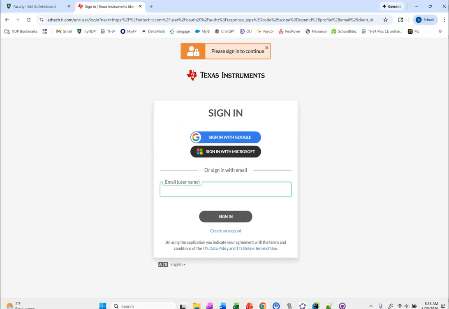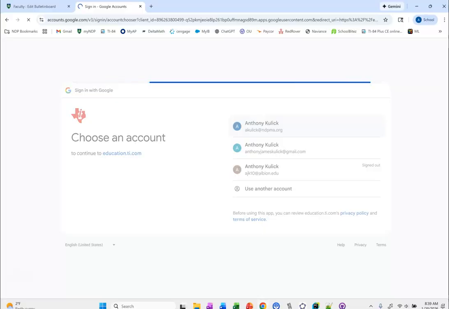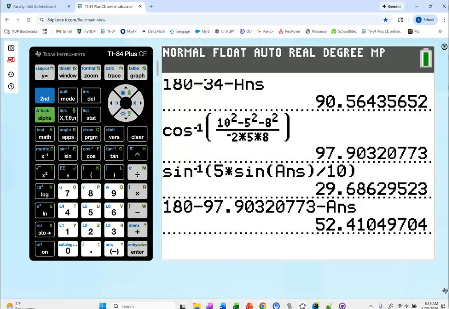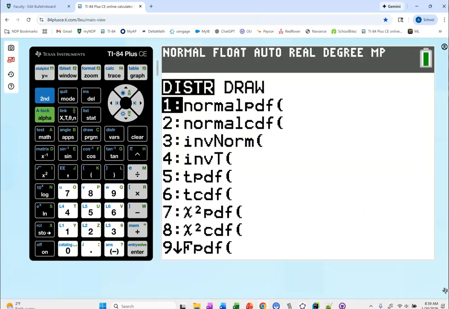And we have two options for normal, right? We have normal CDF and normal PDF. Which one are we going to want? How do I know the difference about when I use a PDF versus when I use a CDF?